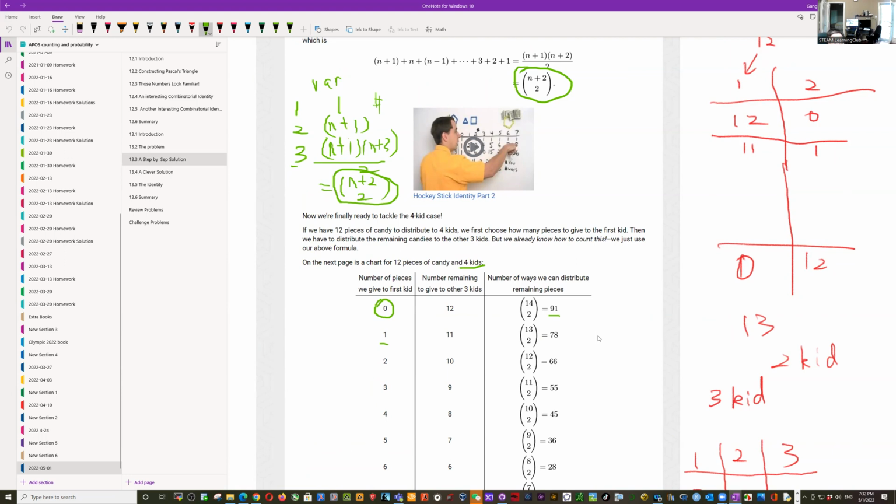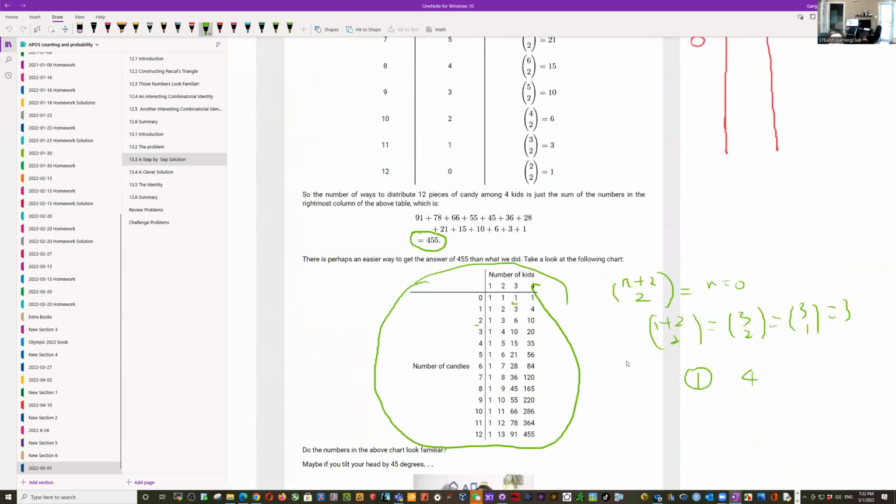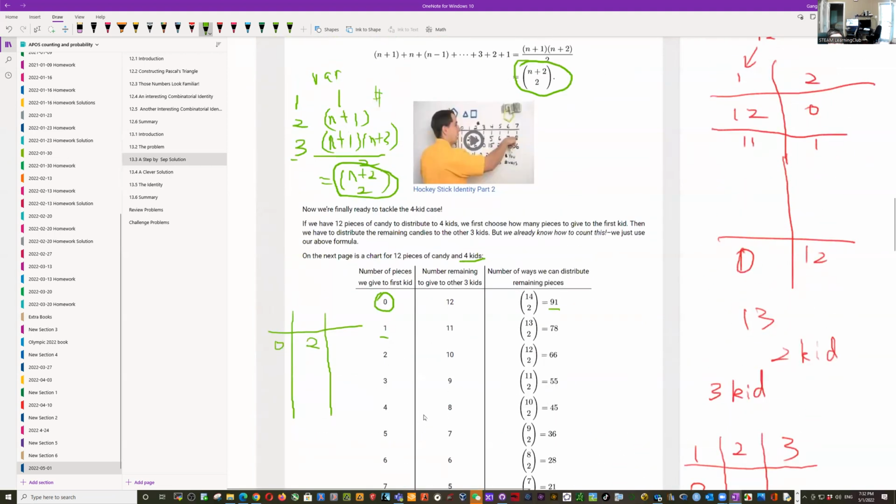Number of the people, number of the pieces given to the first kid. Right now, let's say that we are doing the 2 candy problem. So number of the candy to give the first person, number of the remaining candy to give to the 3 kids, basically going to be 2 because I'm doing the 2 candy problem.